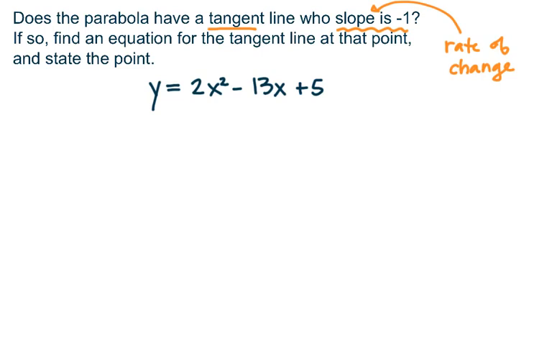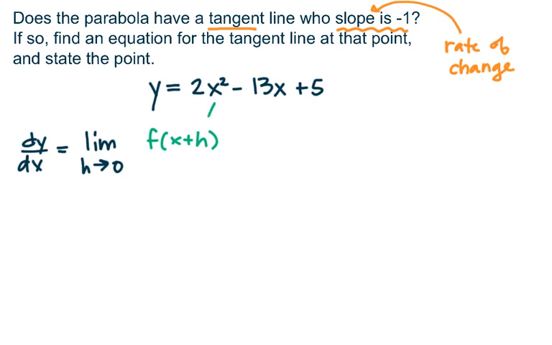The function we're dealing with here is y equals 2x squared minus 13x plus 5. Our first step would be to find the derivative, dy/dx, and I'm going to use my formal definition of a derivative. That's going to be the limit as h approaches 0 of f of x plus h.